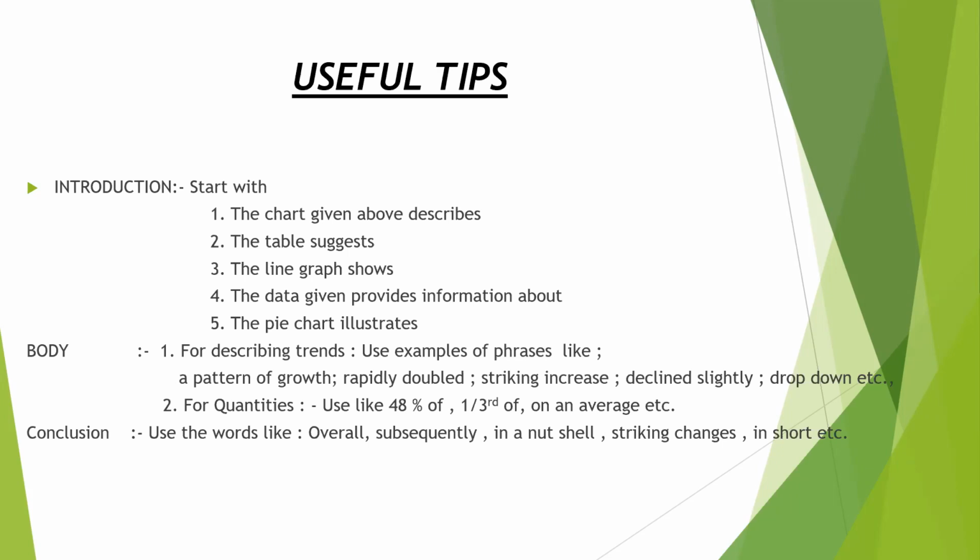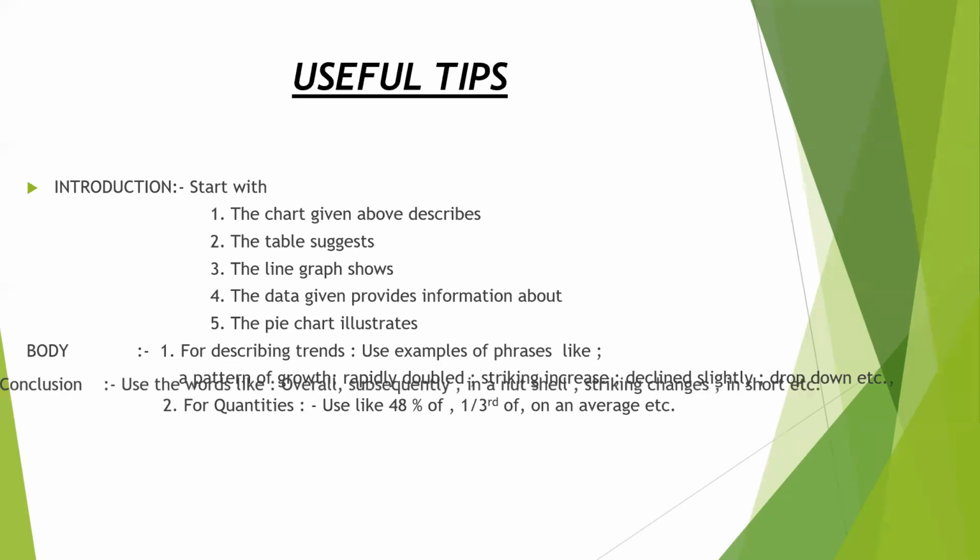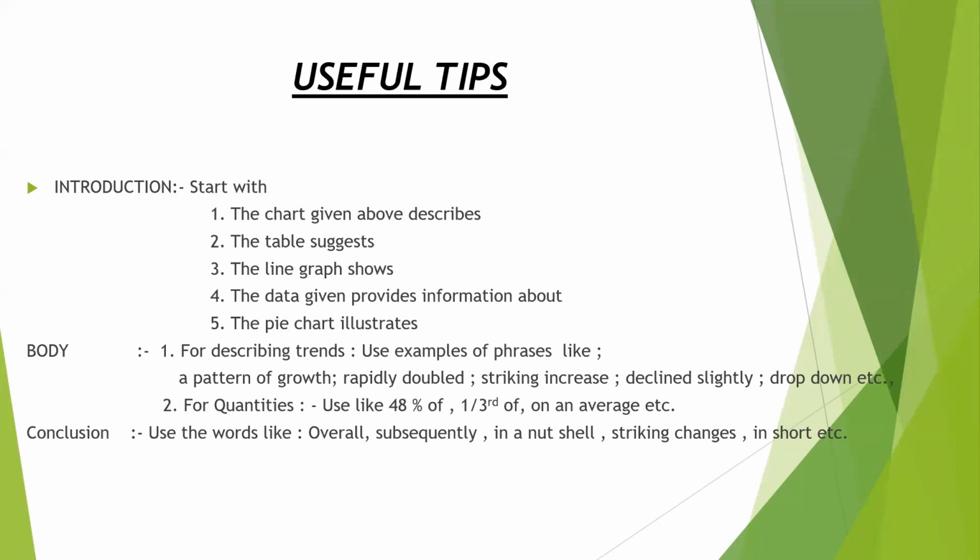Phrases like that can be used. When it comes to the conclusion, use words like overall, subsequently, or in a nutshell, the striking changes, or in short. Such words should be used in the conclusion.